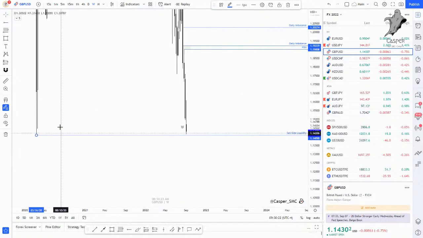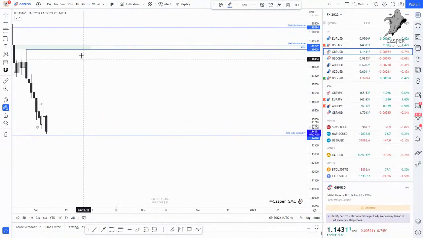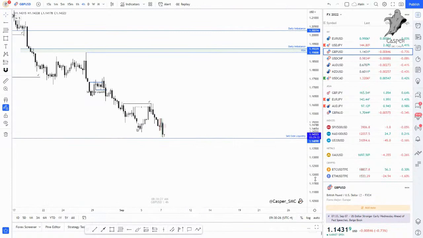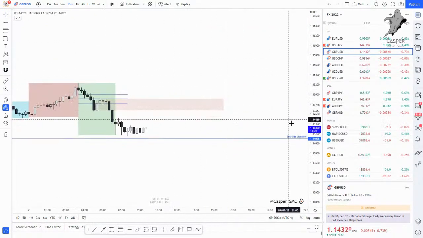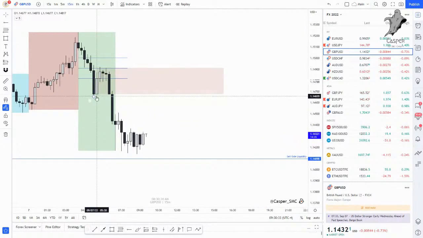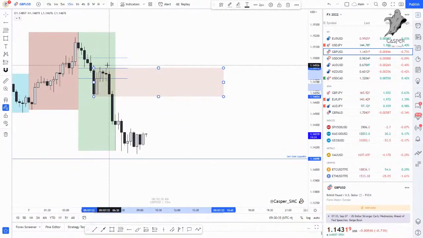There's some sell side liquidity off that weekly low that we're drawing to. We may not be able to get a trade opportunity off this, but I have alerts set for this whole little buy to sell range right here.